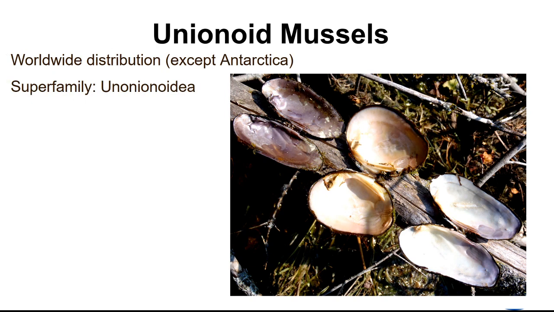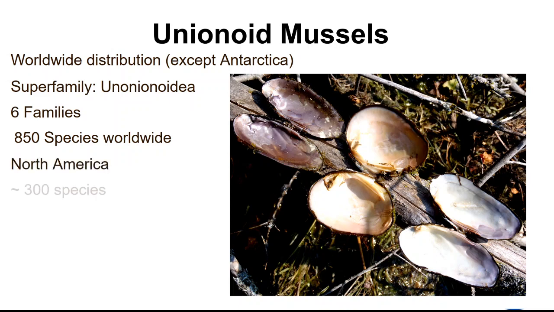We can group them into a superfamily, the Unionoidea, and 6 families within that group. Again, varied estimates. Around 850 species globally. In North America, we have around 300 species.